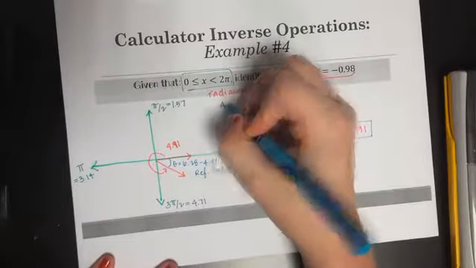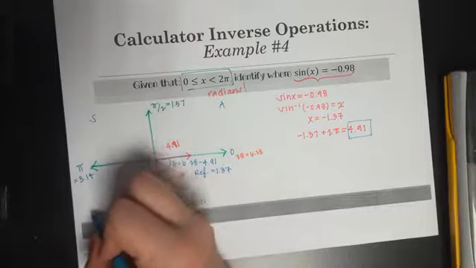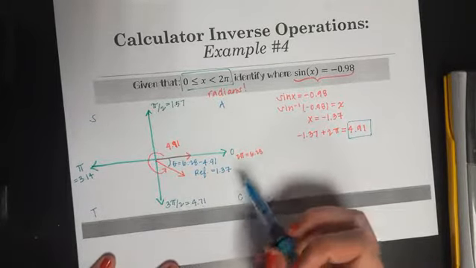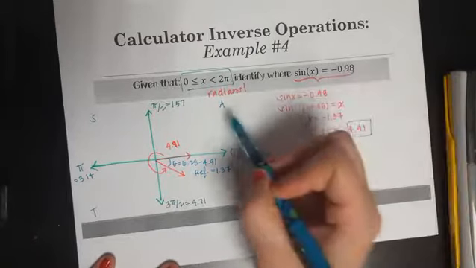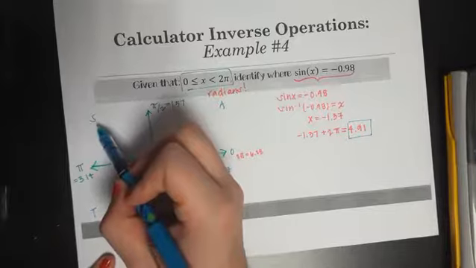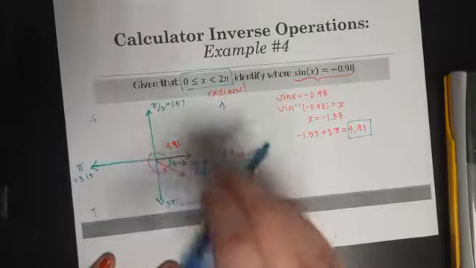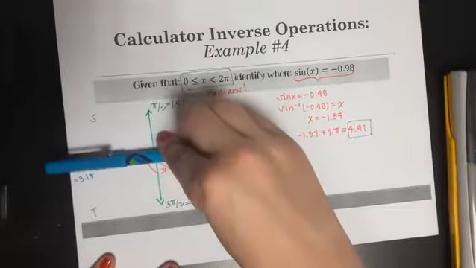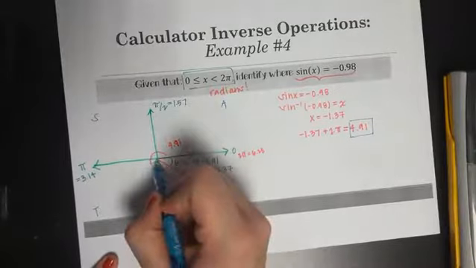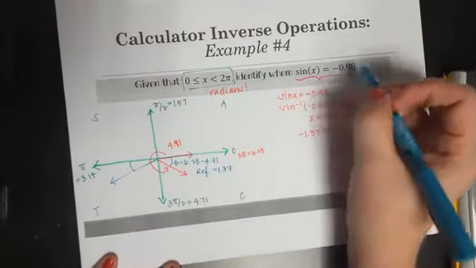So up here, all of my values are positive. Over here, sine's positive. Here, tangent's positive. Here, cosine's positive. So because sine is negative, that angle value is not going to happen here where everything's positive and sine's positive over here. That means it needs to happen down here where tangent's positive. So if I start at this pi unit and go 1.37 more, that's going to give me the other value that will result in this sine.